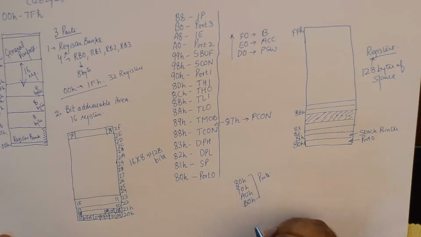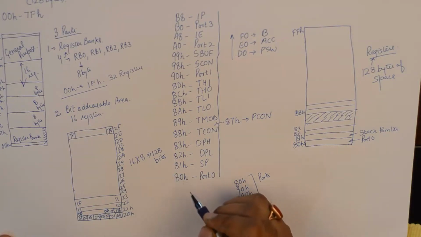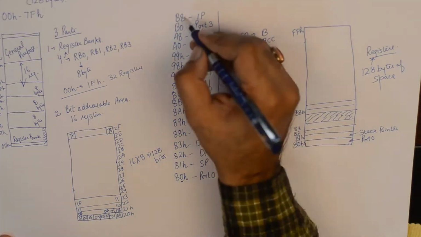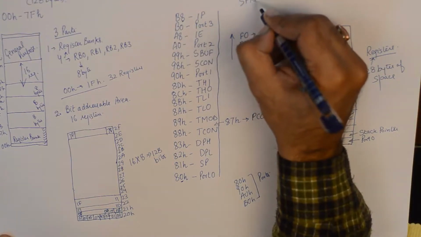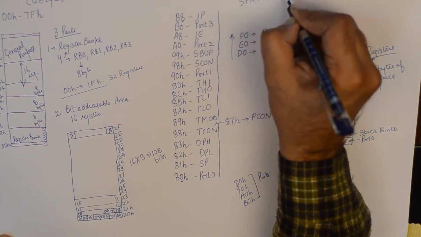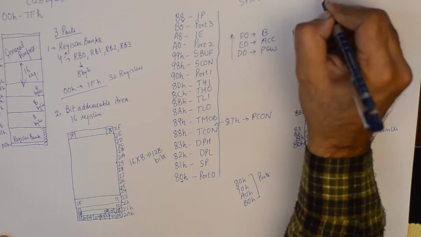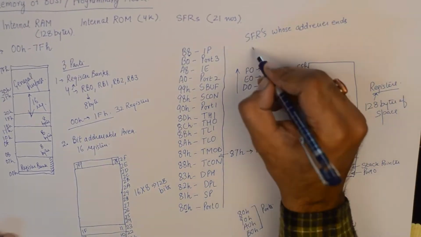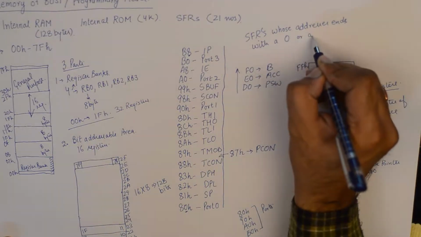I'll mark down those registers whose address is ending with either 0 or 8. So SFRs whose address ends with a 0 or an 8.